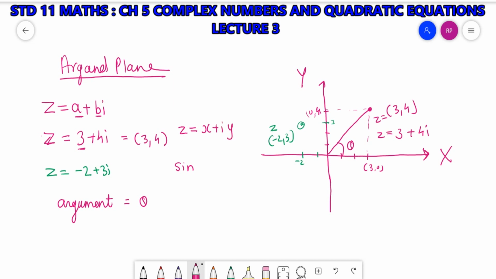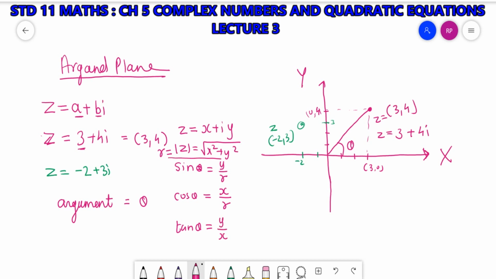Okay, then what will be the modulus? Under root of x square plus y square, and this I will write down as r. Okay, I am representing the modulus of this complex number as r. So sine theta will be equal to y by r, cos theta will be equal to x by r, and tan theta will be equal to y upon x.